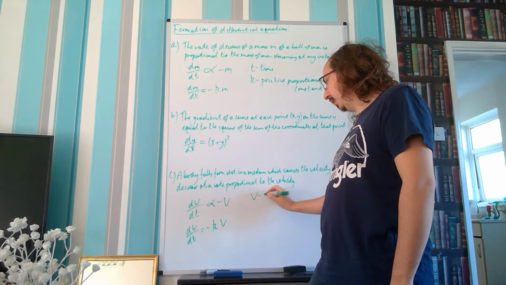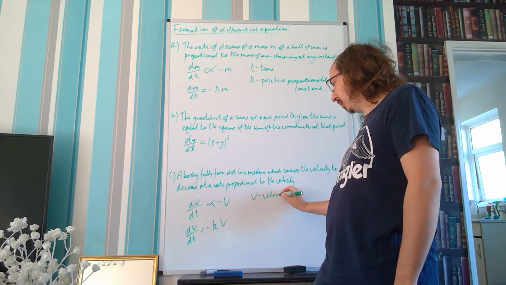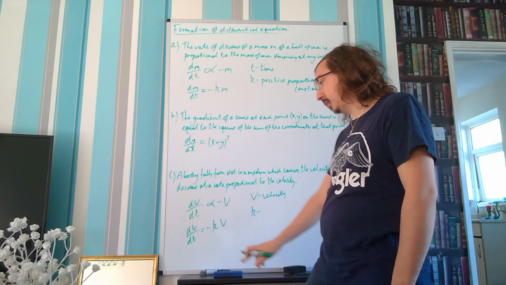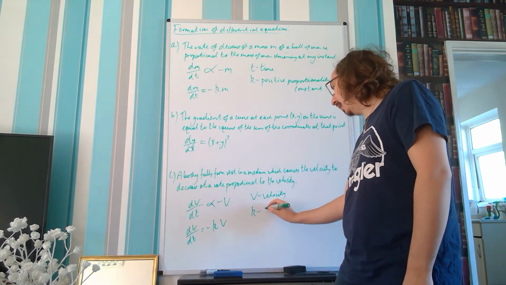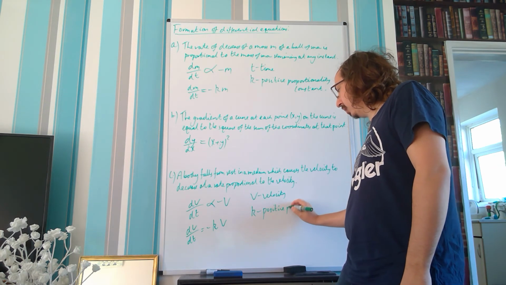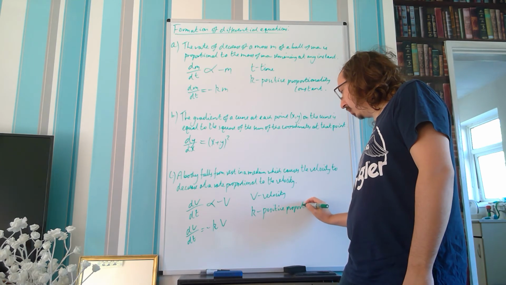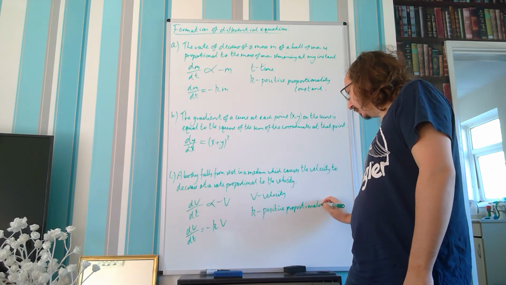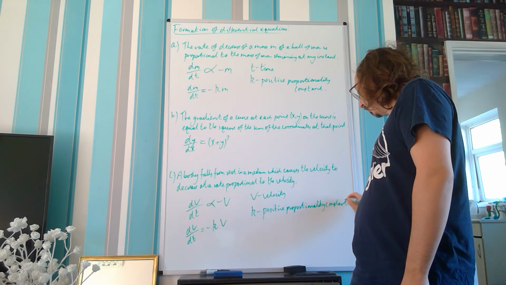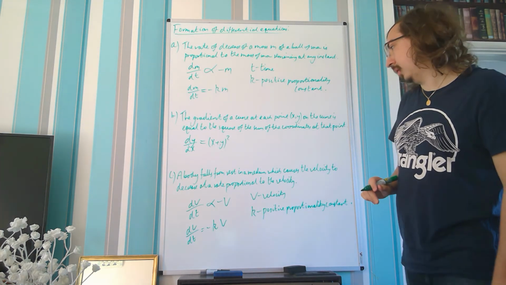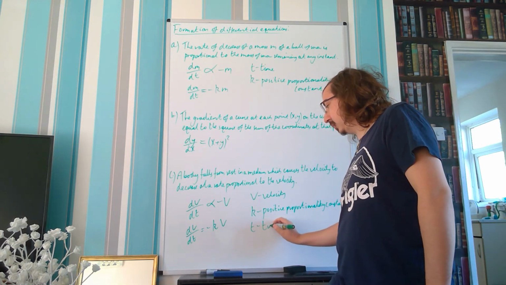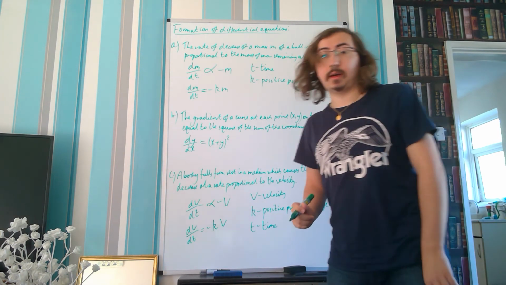We use v for velocity, and k, once again, because we have a minus there, is a positive proportionality constant. And finally, we've also got t there, so let's define that as our time.